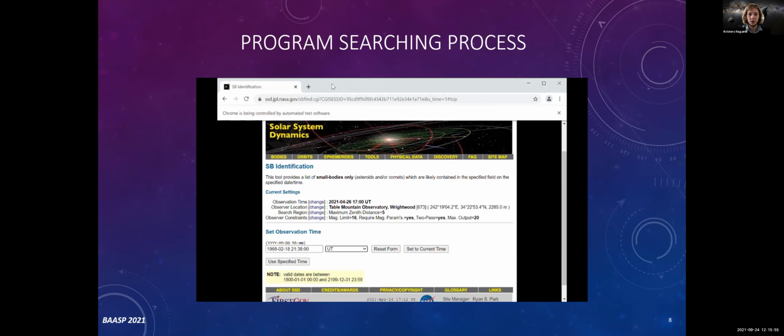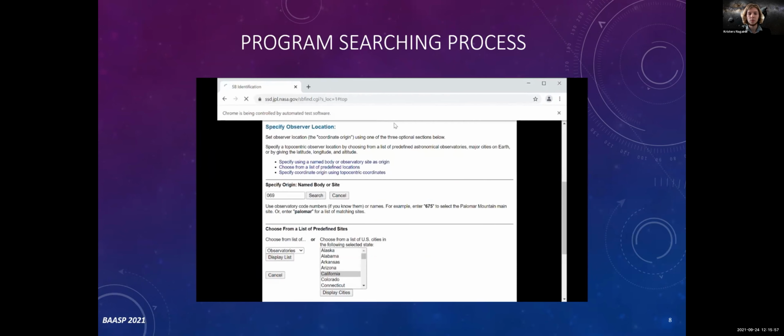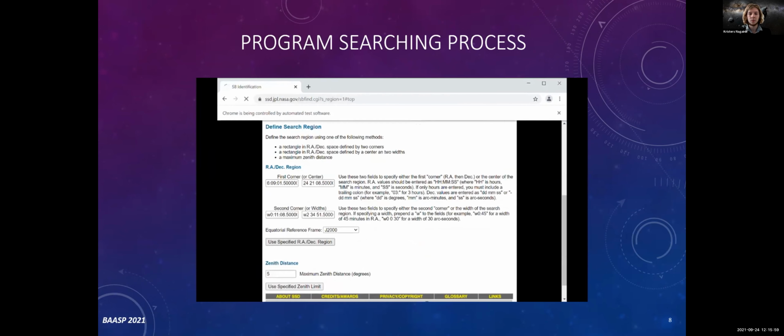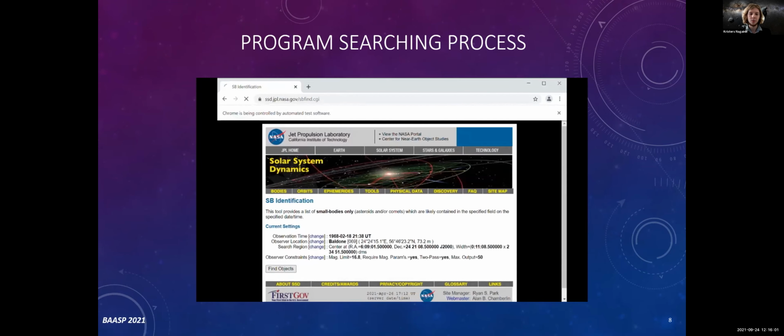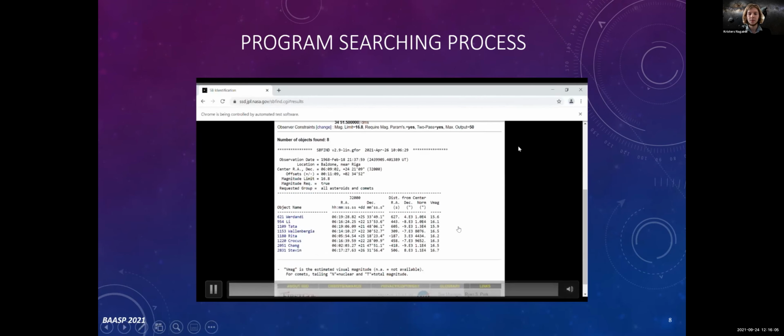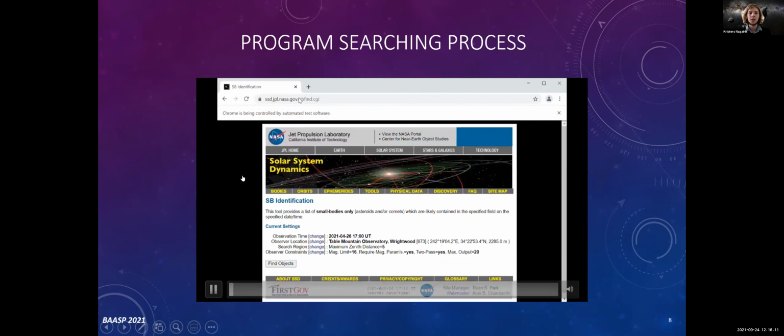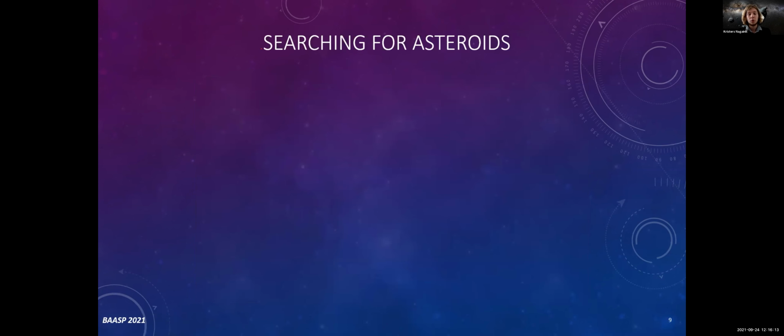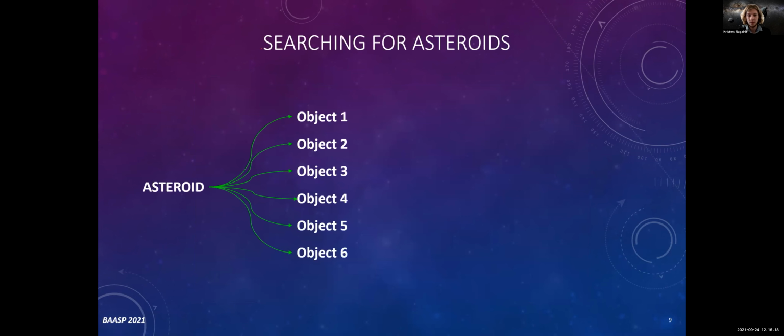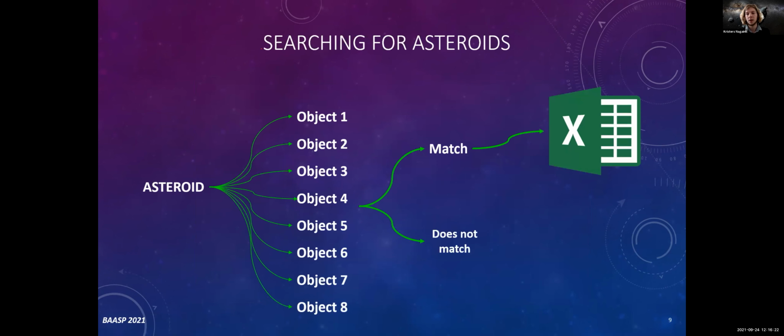So no human interaction is needed anymore. It just picks a scan and inputs all of the parameters way more quickly. And yeah, then it outputs all of the asteroids, which is nice, which is way faster. And the process of searching is also very simple. So you pick the asteroid, the program just iterates through all of the objects, and if it finds a match, it saves it in table.